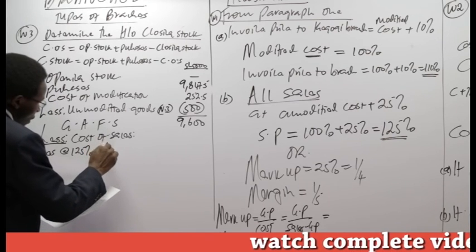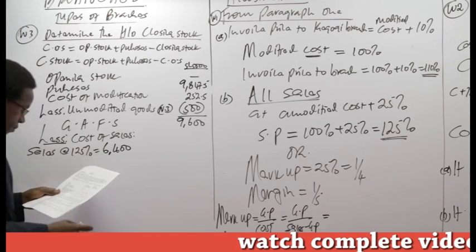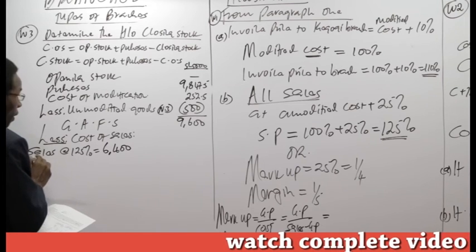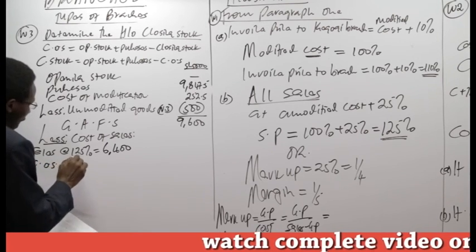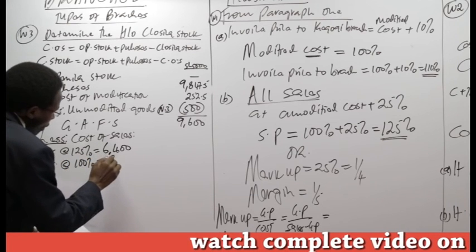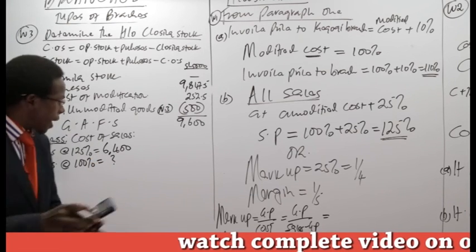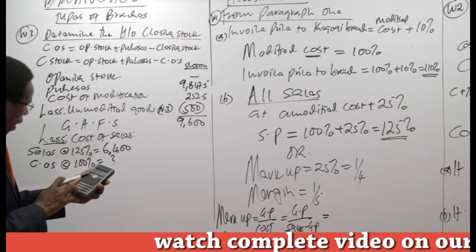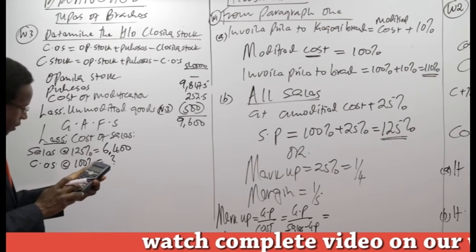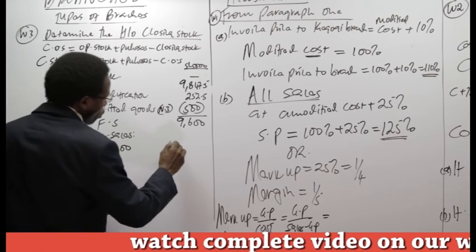So this is 6,400. Then we have the costs, which will be at 100%. So what is that cost? So I take my calculator, friends. I say 100 by 6,400 divided by 125. So I'm getting 5120.